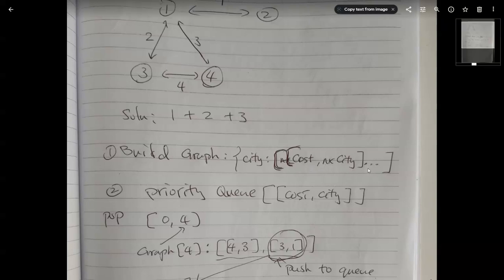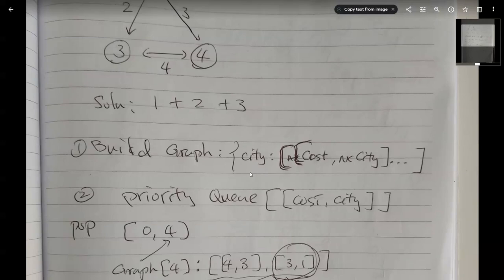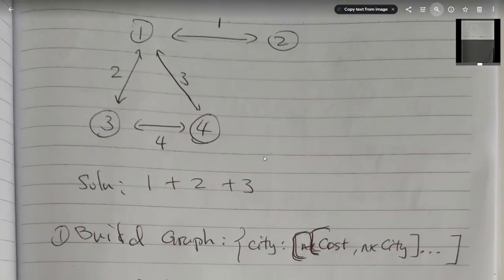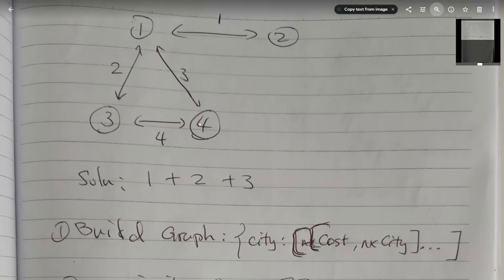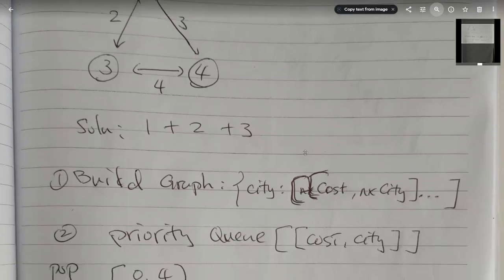We can build multiple connections for a single city, that's why I put a dot dot dot here. For example, for city 4, we pay a cost of 4 to build a connection with city 3, and that's the first element. The second element would be a cost of 3 to build a connection with city 1.